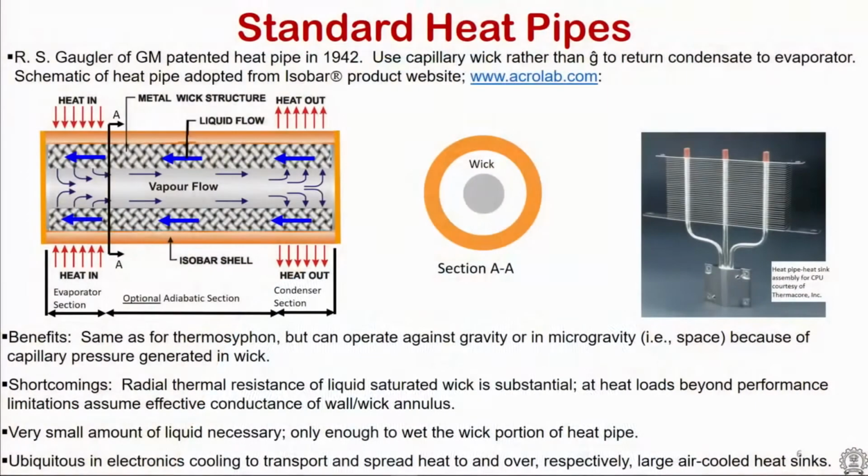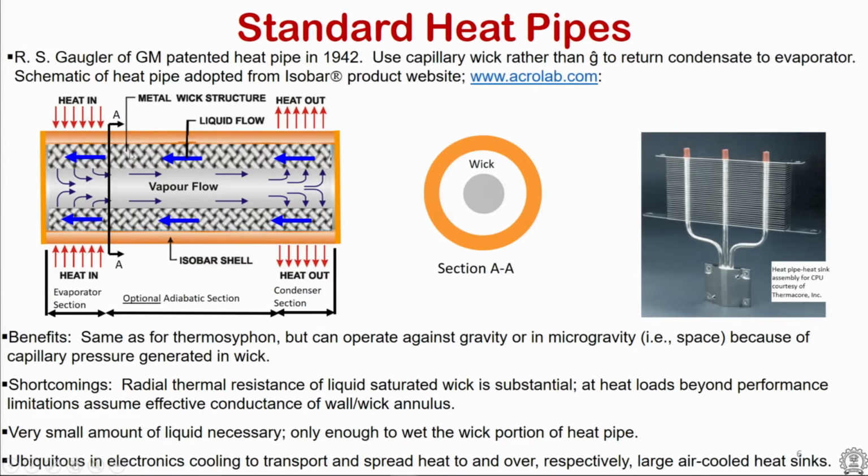Some of the older versions were handled by General Motors, and they were patented back in the 1940s, and you can see an image shown here on the figure, where there is a wick on the bottom, and it is a circular pipe.